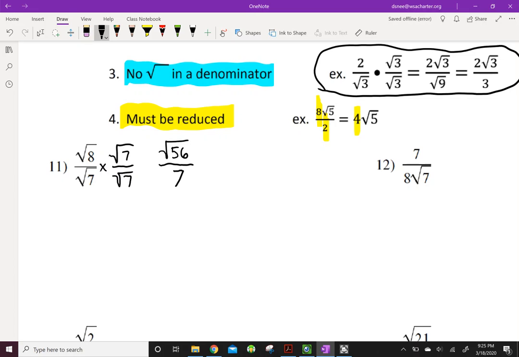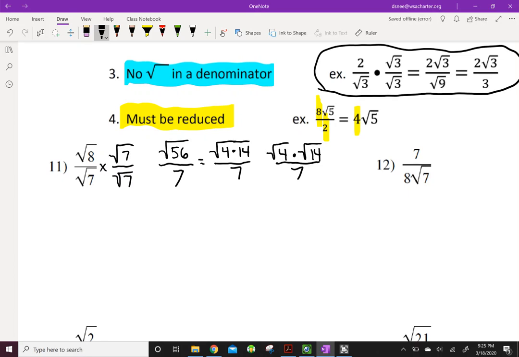Let's try it. 56 divided by 4 equals 14. Okay, so this is equal to the square root of 4 times 14 divided by 7. Okay, the next step is the square root of 4 times the square root of 14 divided by 7.